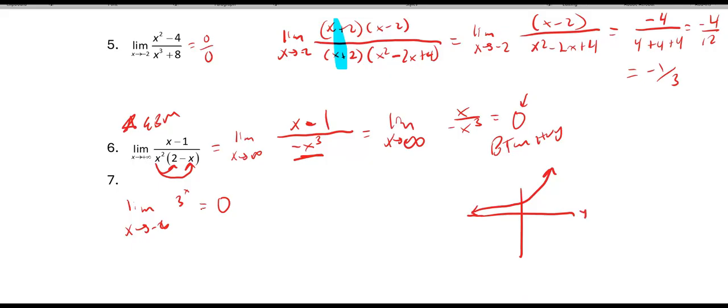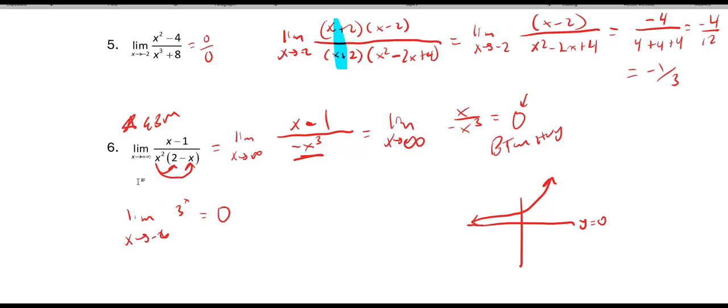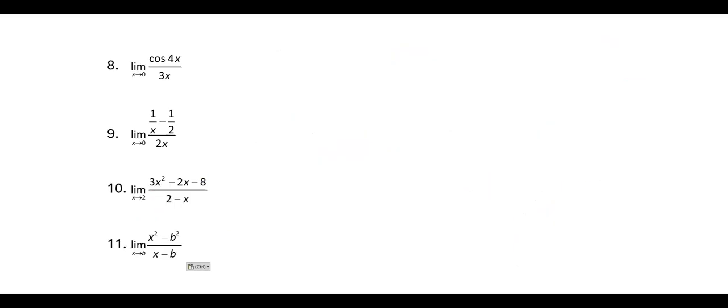Exponential functions never cross the x-axis unless you turn it upside down, which means you did that. All right. The whole function will have to be negative. So, yeah, this is just something you gotta know. All right. Let me get to number 8.